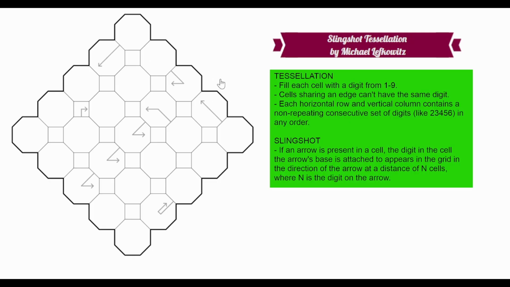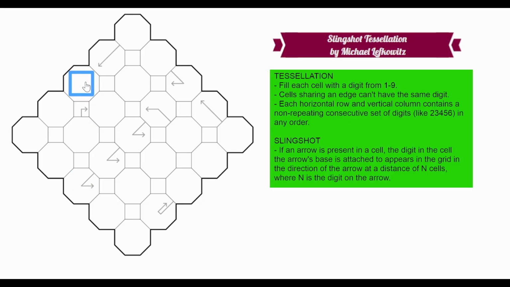So, the rules for this puzzle: you have to place a digit from 1 to 9 into each cell. Cells that share an edge, so these two cells that share an edge, can't be the same, so two digits can't touch. Every horizontal row and every vertical column contains a non-repeating set of consecutive digits.